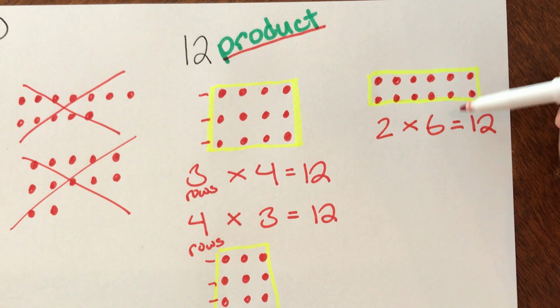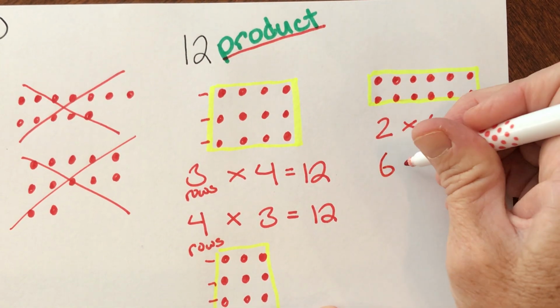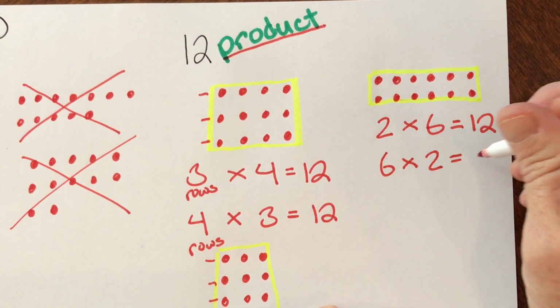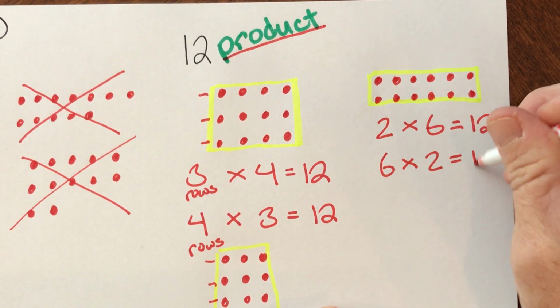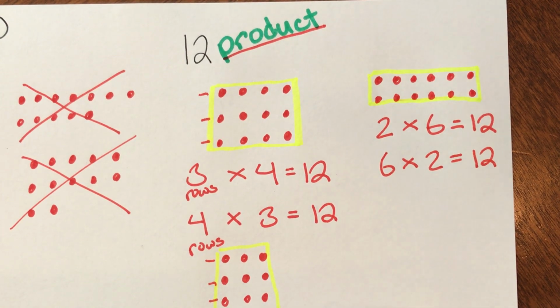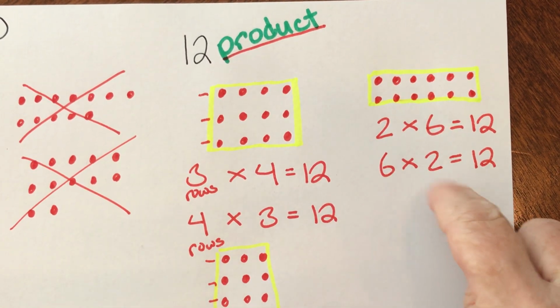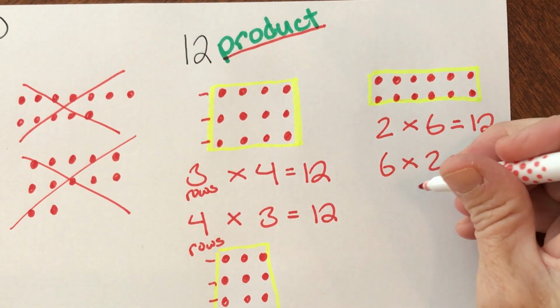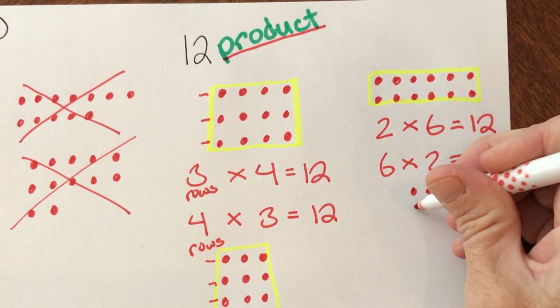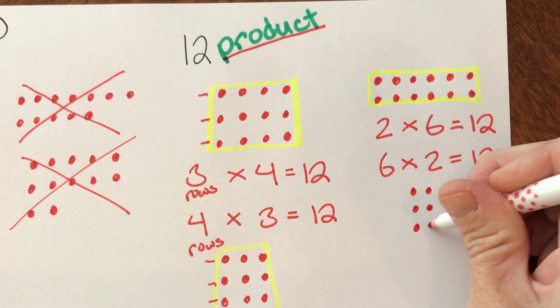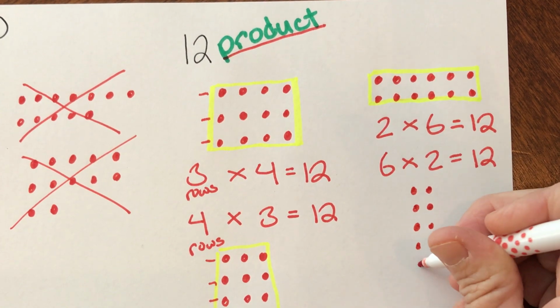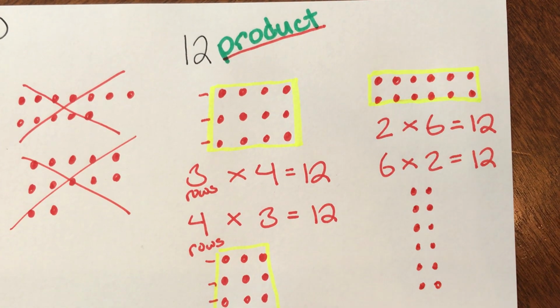Well, if that works, then I should be able to say 6 rows of 2 will also equal 12, because commutative property means I can switch these factors. So let's check that. 1, 2, 3, 4, 5, 6, 7, 8, 9, 10, 11, 12.